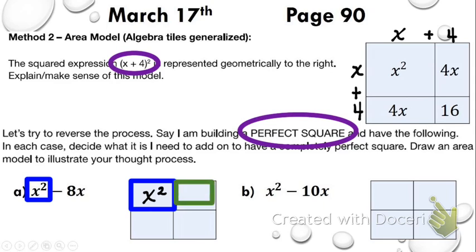We had to arrange the green ones on the sides, right? But I want my length and my width to be exactly the same. How many of these am I working with here? Close. Negative 8x. So how am I going to ensure that the two sides are the same?